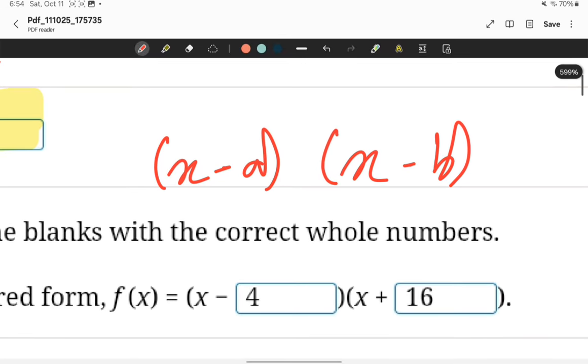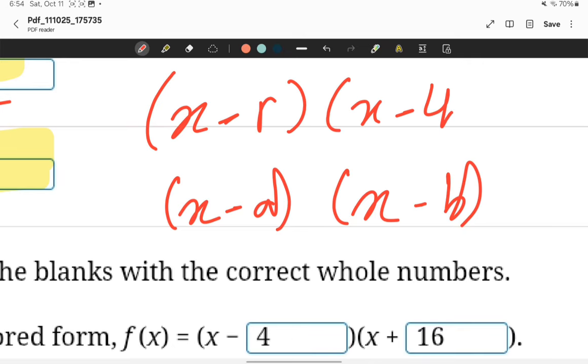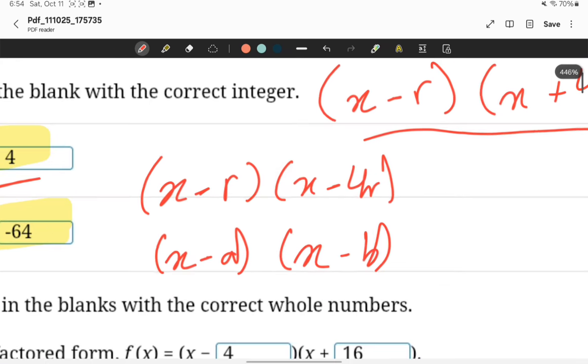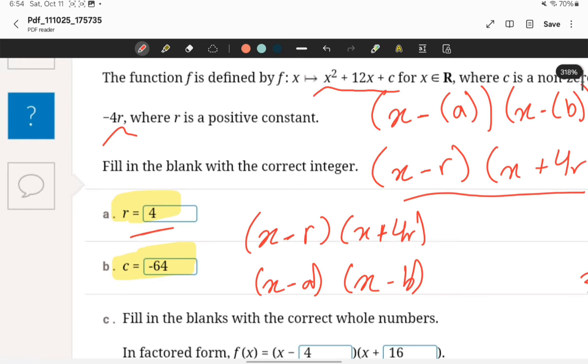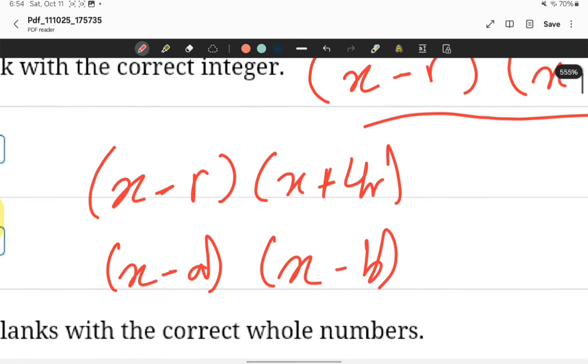Now we said our first root is r. So x minus r times our second root, x minus 4r. Wait, my bad, no, this is x plus 4r, because here it's minus 4r, so minus minus cancel, so it becomes positive. So it's x plus 4r.